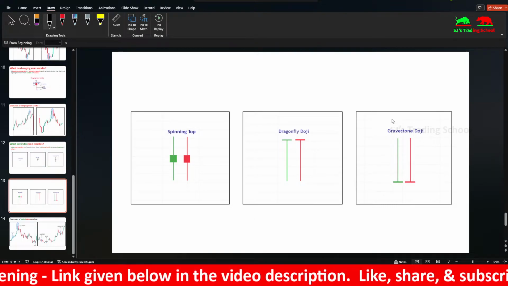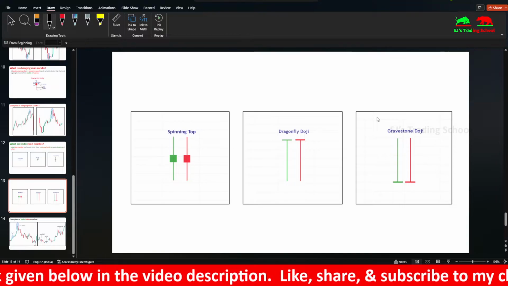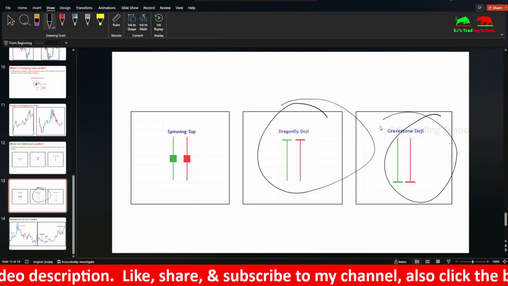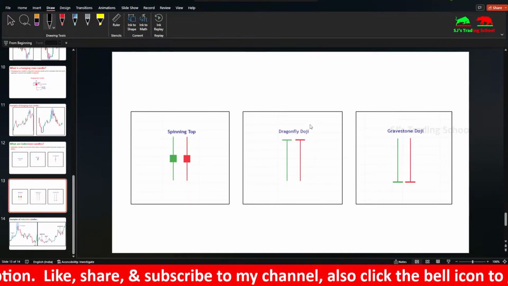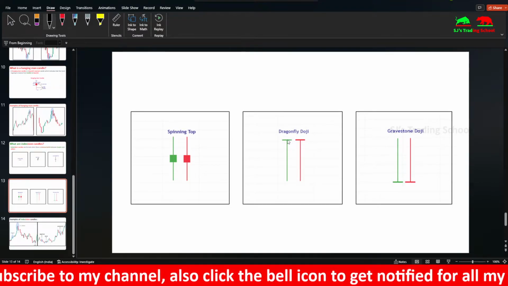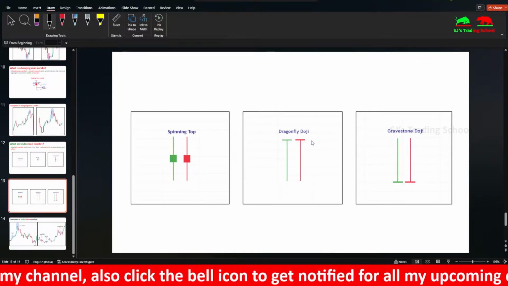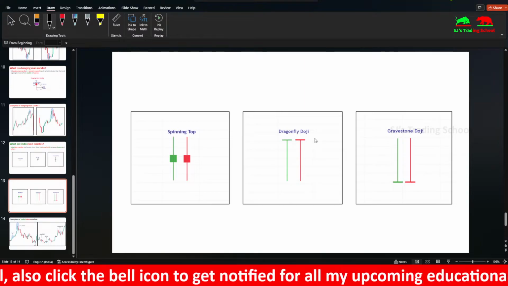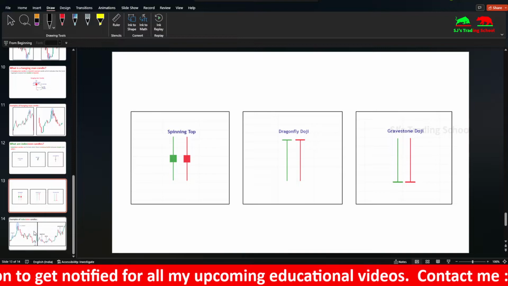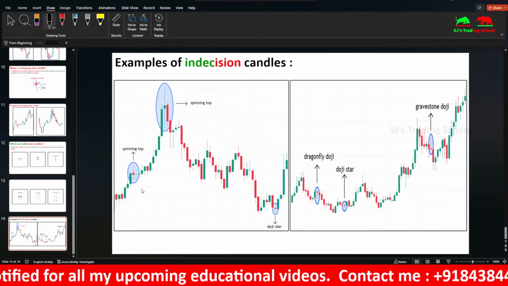You should consider the same points which I said for those four candles in case of dragonfly and gravestone doji. The only difference is that those candles have a real body, but here there is not much of a body. Only the open and close are almost equal to each other. So there is not much difference between those candles and this candle. So these are the examples.